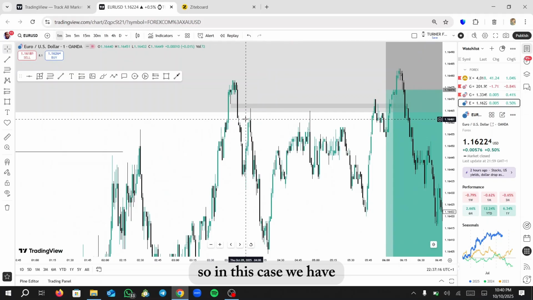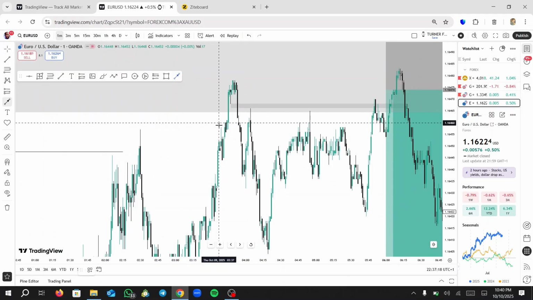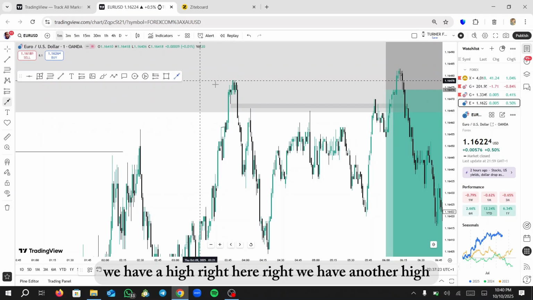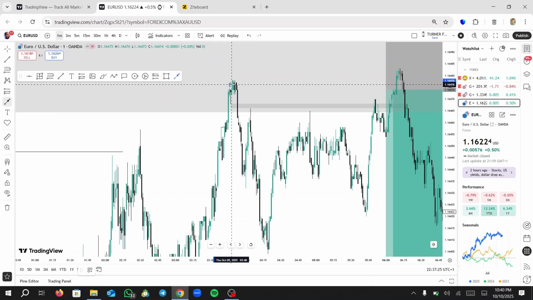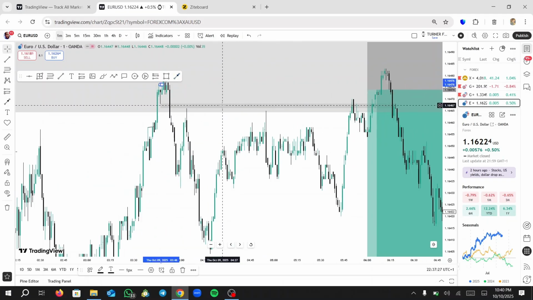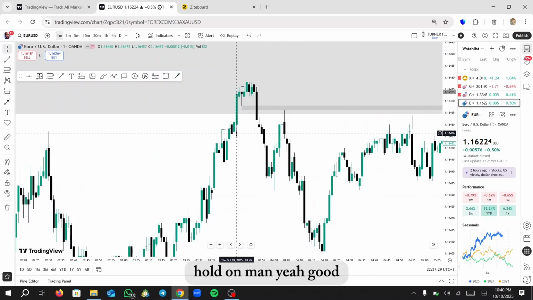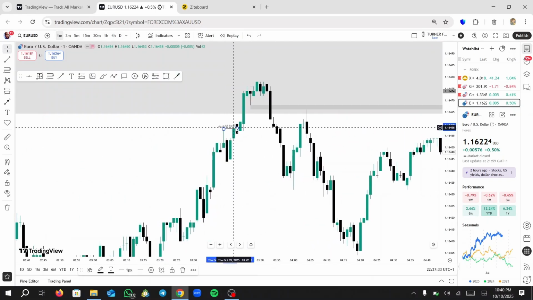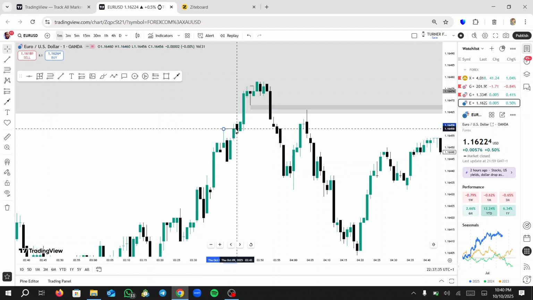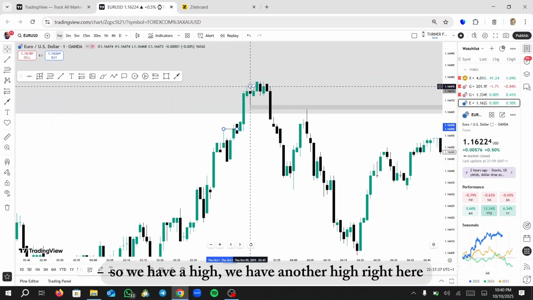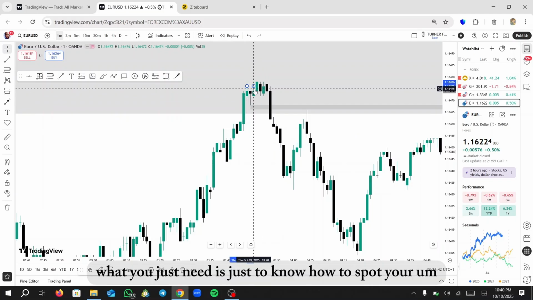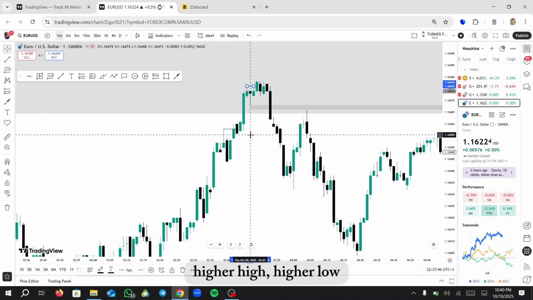So in this case, we have a high right here. We have another high. Just what you need is to spot your higher low.